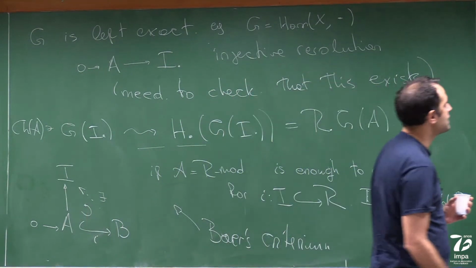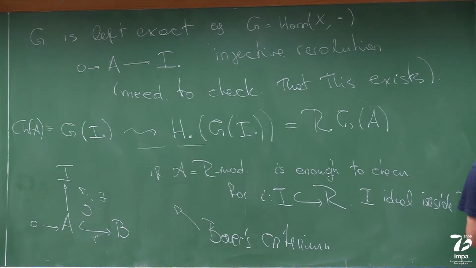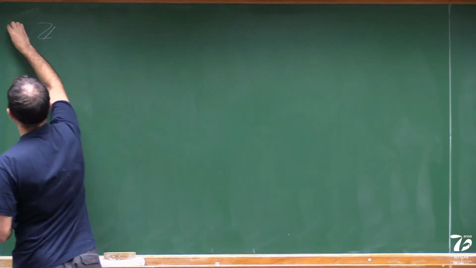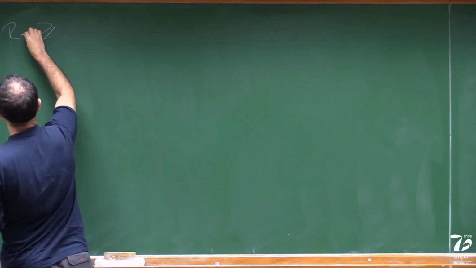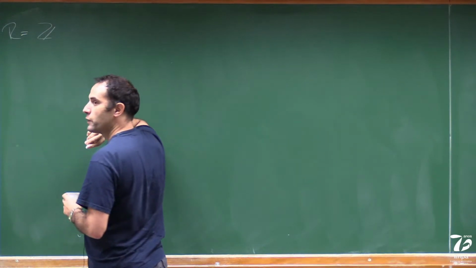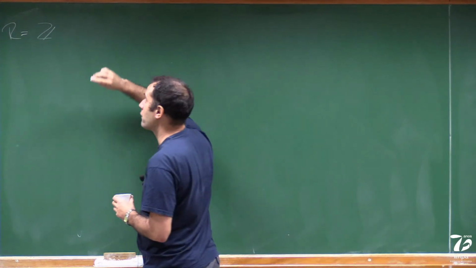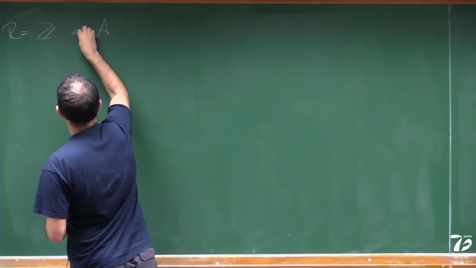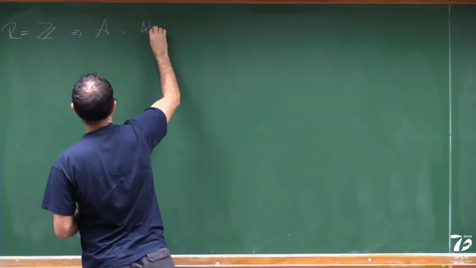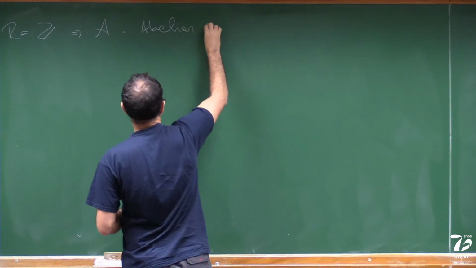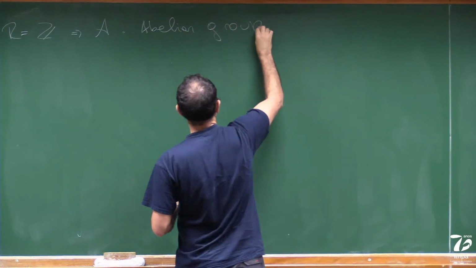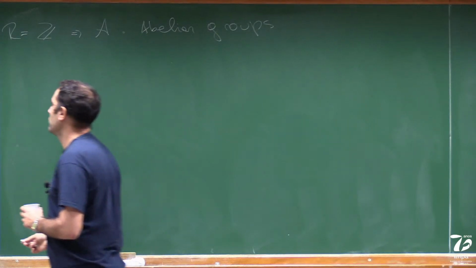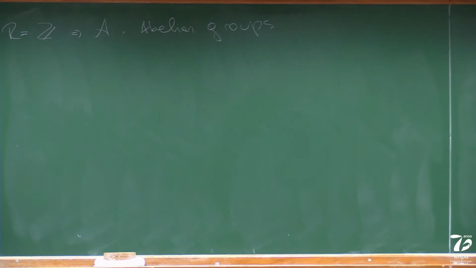So apply that criterion to the case where R is Z. So we look at the category of Z-modules, of abelian groups. Or more generally, this is something I've already used.